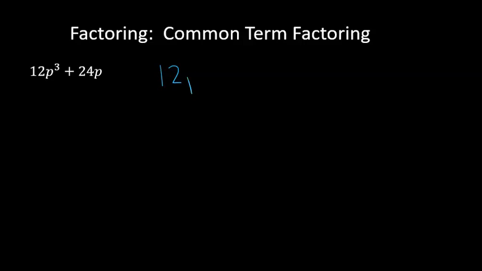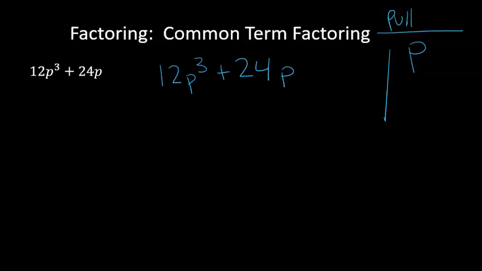I have 12p cubed plus 24p. Okay, this one's a good one. Let's see. It looks like both terms have numbers and both terms have the letter p. So we know we can pull a p out. We already know we can pull the p out, but we also have to pull a number out.